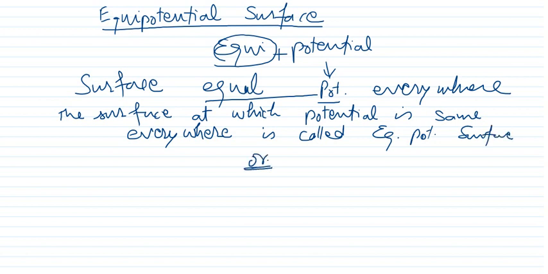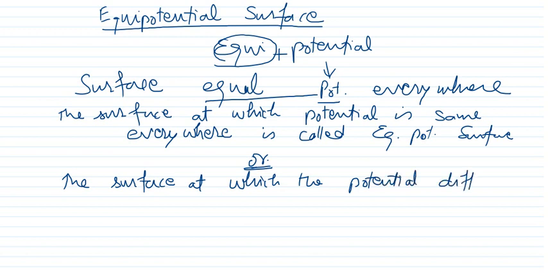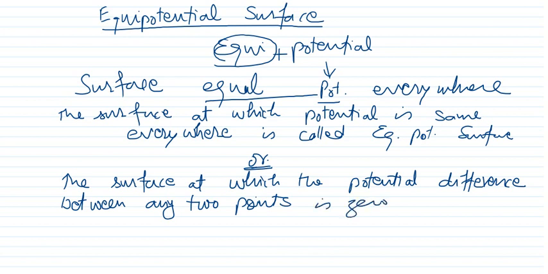Second definition, the surface at which the potential difference between any 2 points is 0 is called equipotential surface.